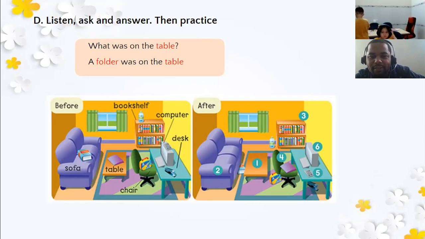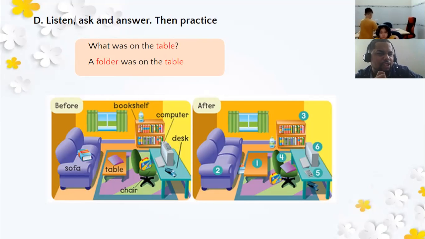Sofa. And number three, what was number three? Bookshelf. That's right. Number four, chair.